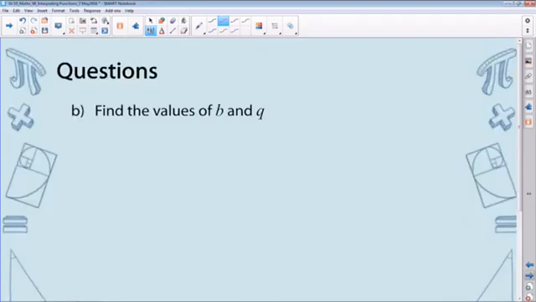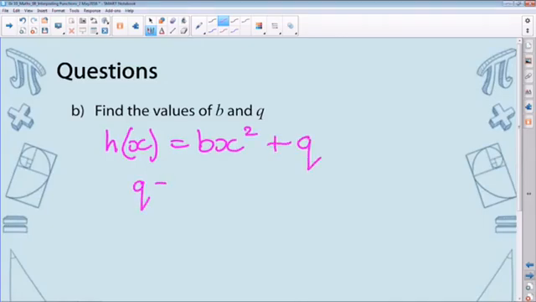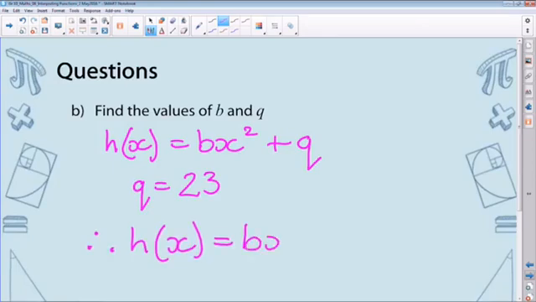So I'm just going to write over here, h of x is equal to bx squared plus q. q is equal to 23. Therefore, h of x, and I'm writing nice and big here, is equal to bx squared plus 23.